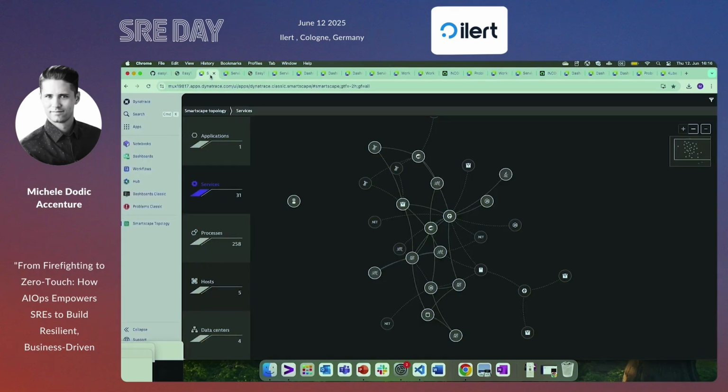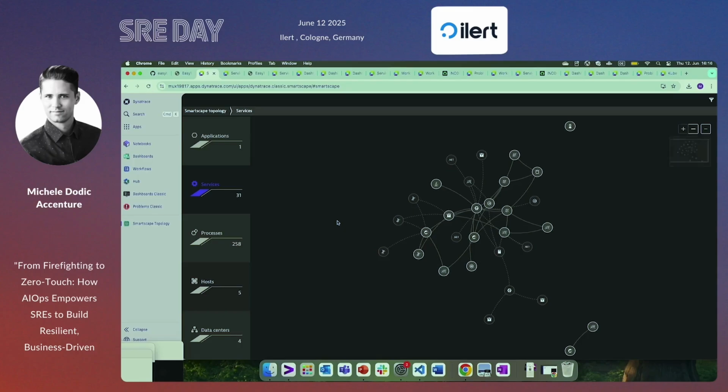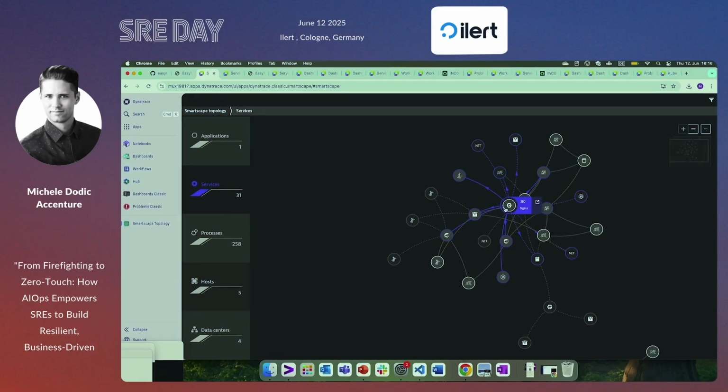On Dynatrace, I have ingested this Kubernetes data via OneAgent, and these are the topologies that I was talking about. These are the different services that we can see, and their correlation. We can also look into processes and hosts, but right now for this demo, what's interesting is the service health. I'll be breaking this connection between the Nginx and the account service.